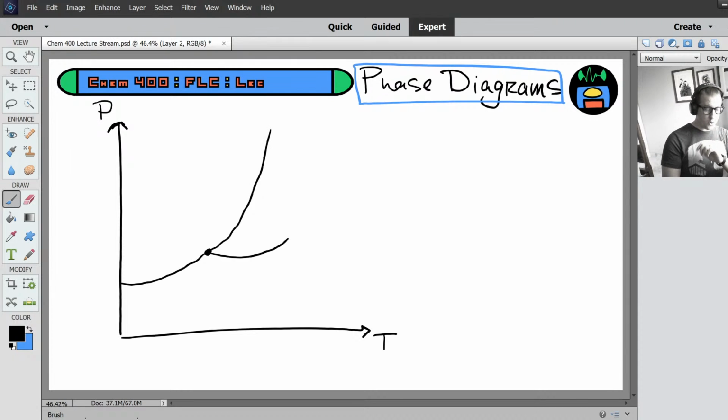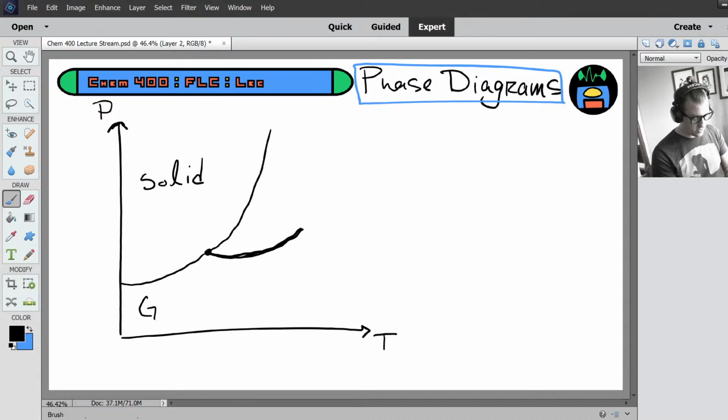All right, so the phase diagrams will have these three basic regions to them, and this is what each region represents. This is where the substance is a solid. Down here is where the substance is a gas, and then in here, the substance is a liquid.